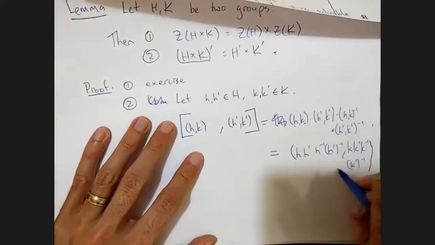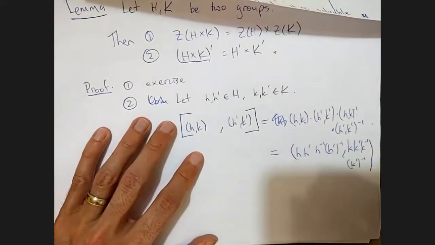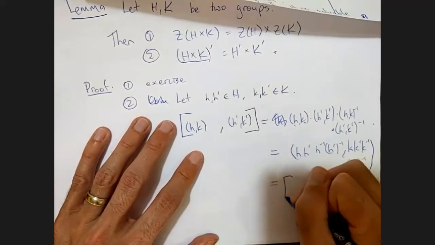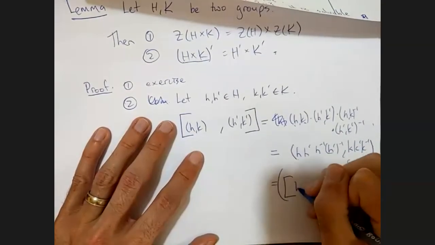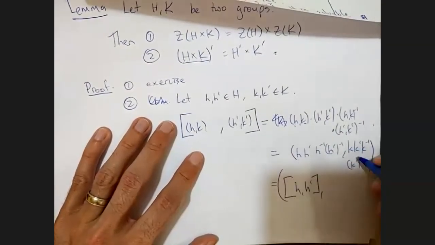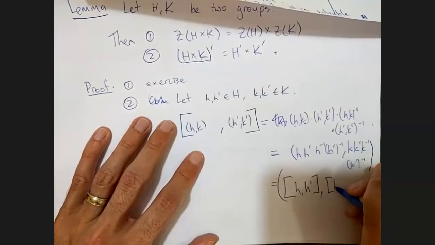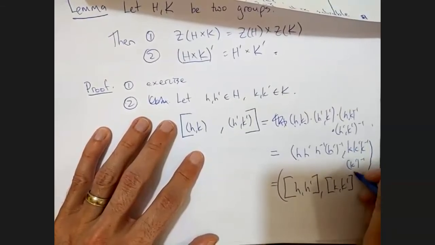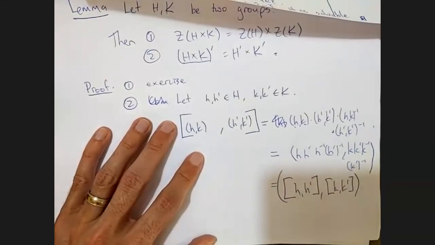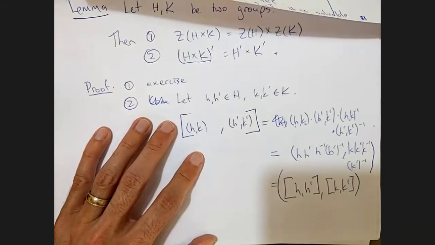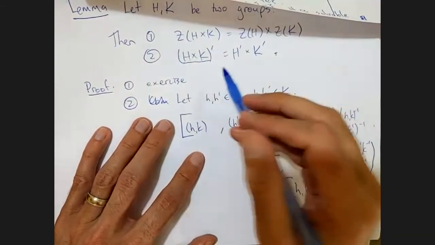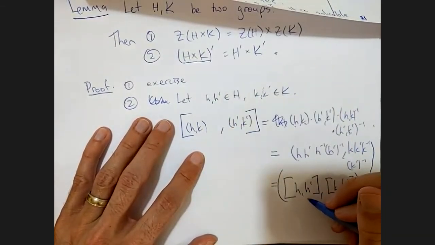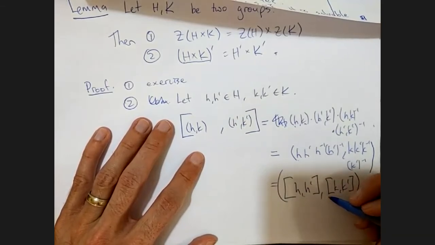In other words, this is a commutator of h and h', and this is a commutator of k and k'. So any commutator of things in H cross K is a commutator of something in H in the first coordinate, and a commutator of something in K in the second coordinate.